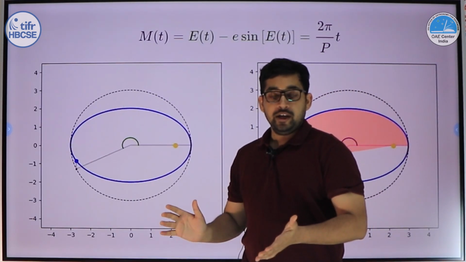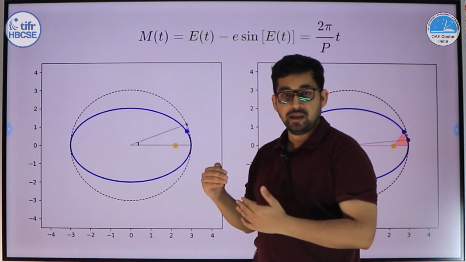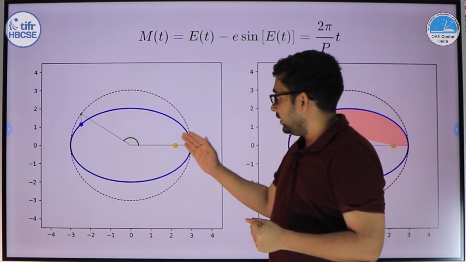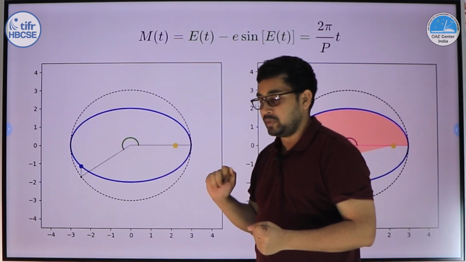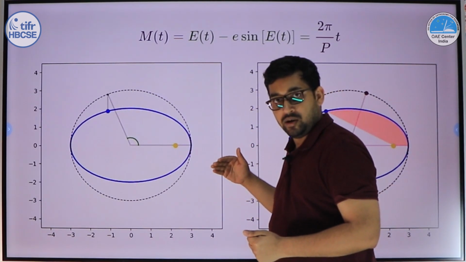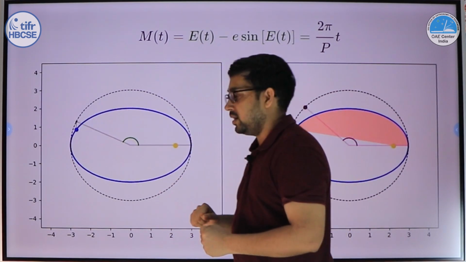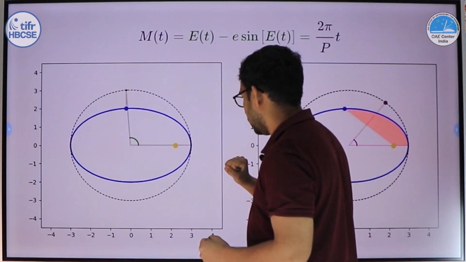So when we introduce Keplerian motion, we know that the planet sweeps equal area in equal time intervals. That leads to a situation where the planet does not move at a constant angular speed. Around perihelion, its orbital speed is quite fast. At aphelion, it's relatively slow, but there is a relation between all the angles we have talked about so far.